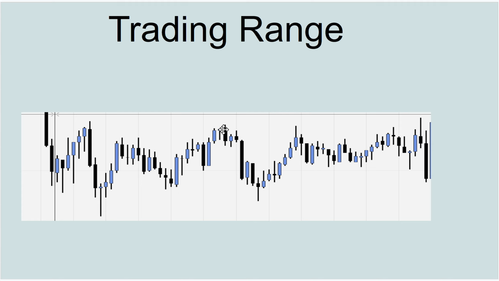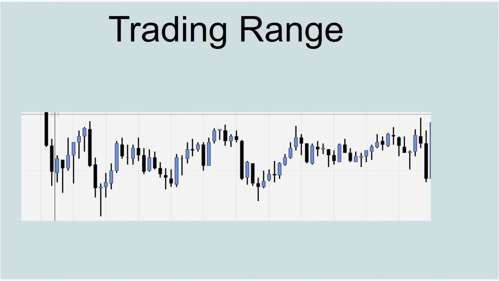Price is just consolidating between these two levels. This is the upper level, this is the lower level. The range continues. That's how a typical trading range looks.